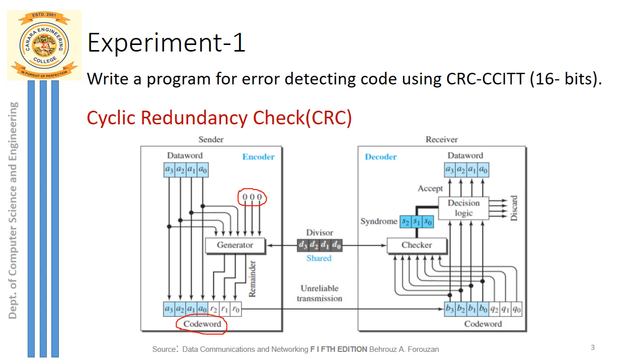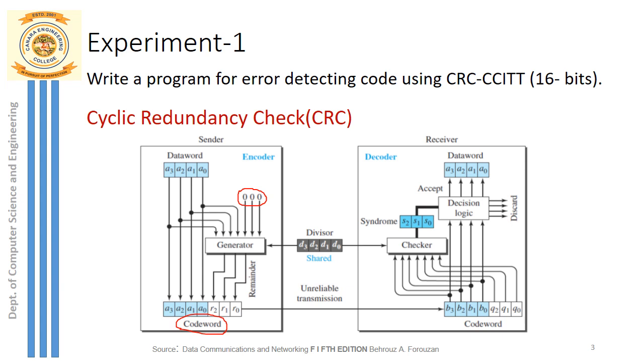The output of the checker will be again a 3-bit remainder, which is called the syndrome, which finalizes the error. That means depending upon the bits in the syndrome, we will make a decision whether there is any error in the data or not.